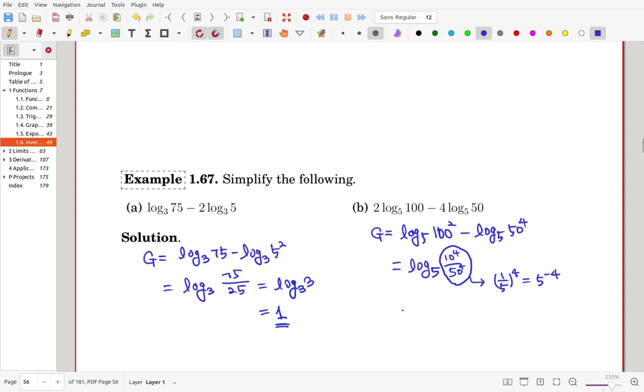So here, this term is the same as log base 5 of 5 to the minus 4, and by using the power rule, minus 4 can go out, and log base 5 of 5, which is always 1. Log base a of a is 1, so the final answer will be minus 4. Quite easy, right?